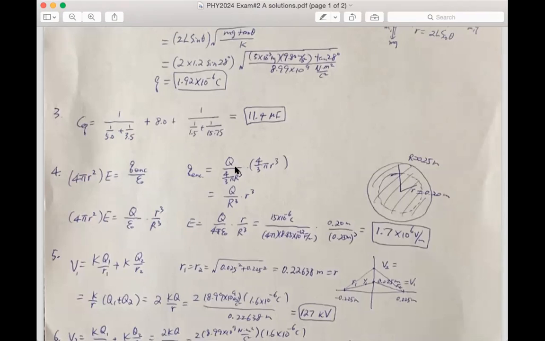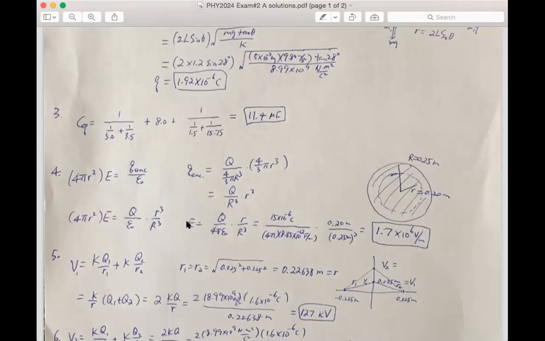For this one, you need to use Gauss's law, where the electric flux is equal to the charge enclosed divided by epsilon naught. So the flux is equal to the electric field times the spherical area 4 pi r squared. Then from there you can calculate what the E field will be.